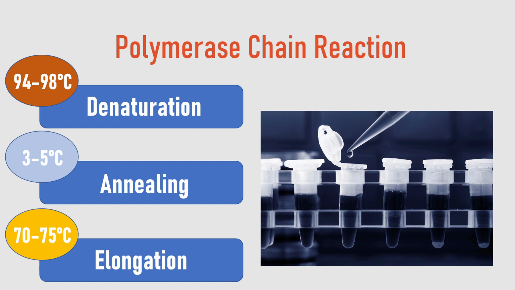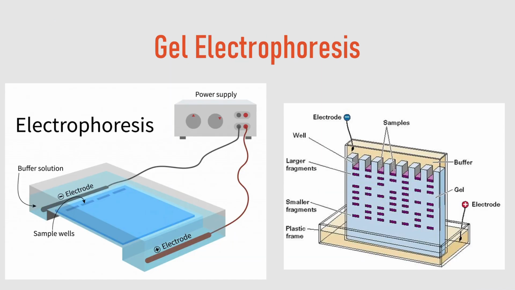It contains three major steps: denaturation, which is the separation of the two strands in DNA; annealing, which is the recombination of primers to each strand; and finally, elongation, which is the extension of nucleotides to the primers using the Taq polymerase. For each step, the temperature is adjusted from high to low to maximize efficiency, enabling the process to repeat up to 35 times. With this new technique, clinics can now amplify certain genes to diagnose different genetic diseases, along with further application into new and interesting techniques such as gel electrophoresis.